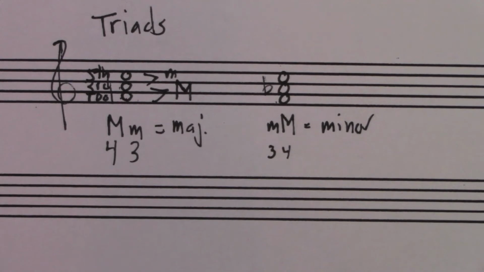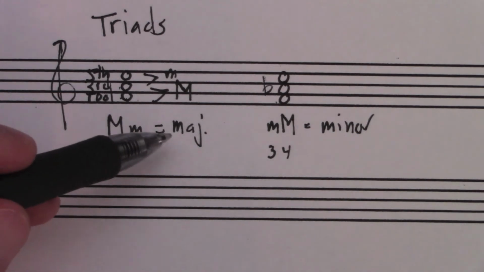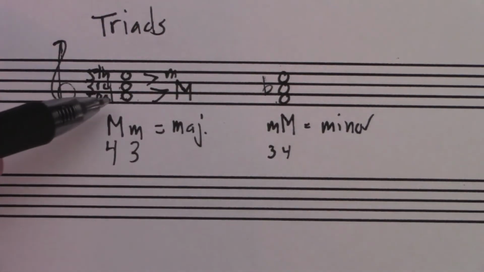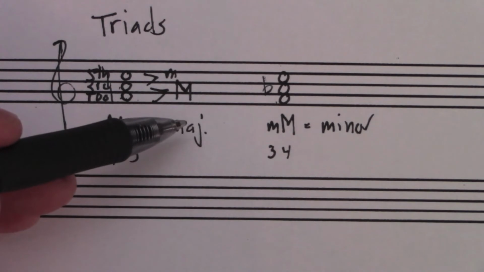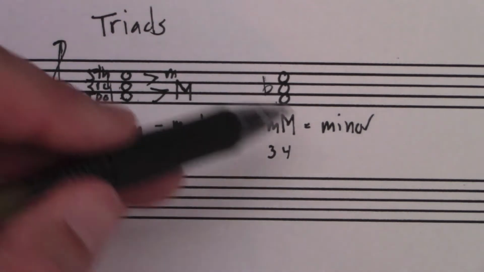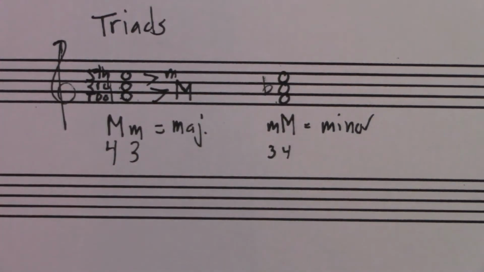And triads are named by the root and by the quality. These are qualities. So this is an F major triad. This is an F minor triad. Major. Minor.